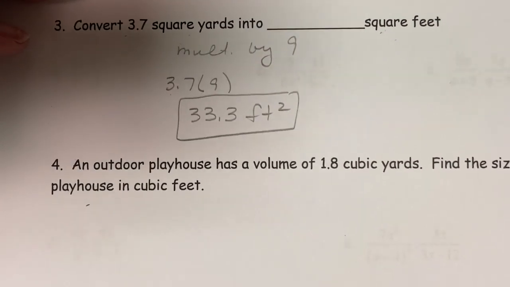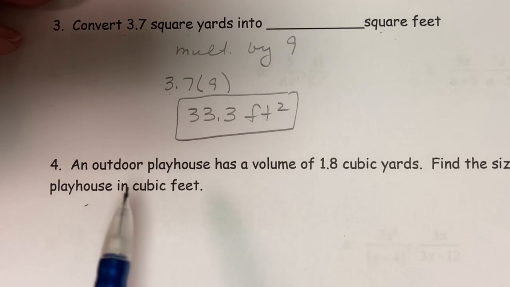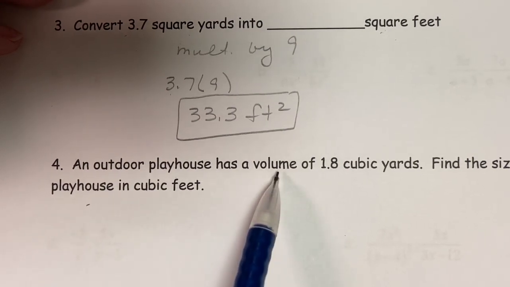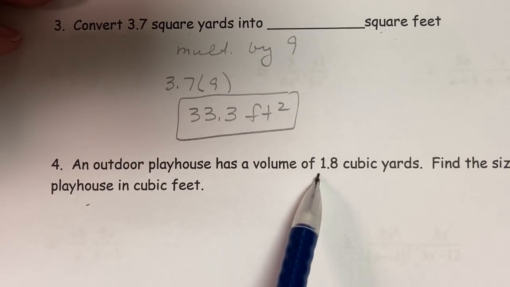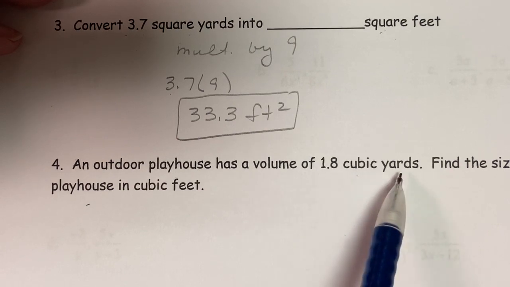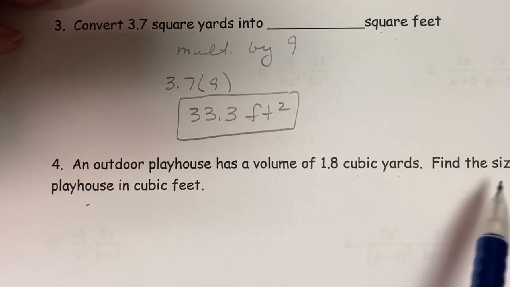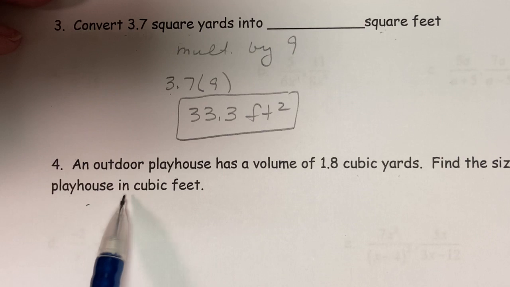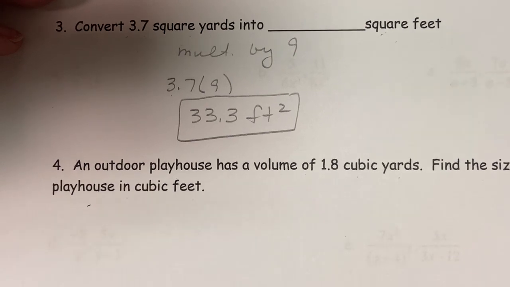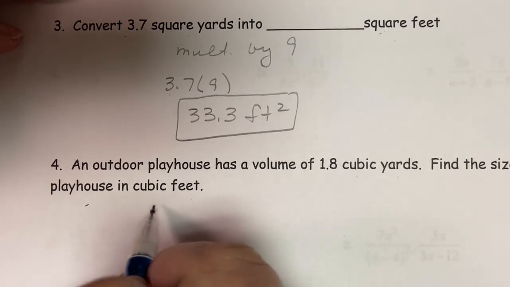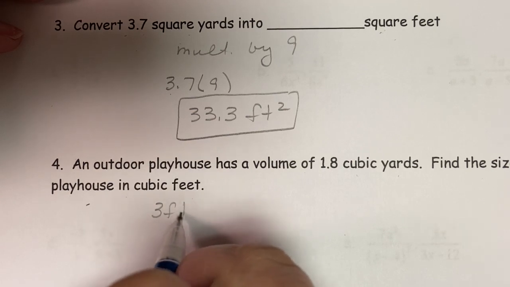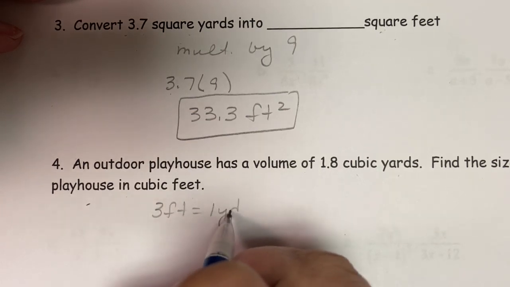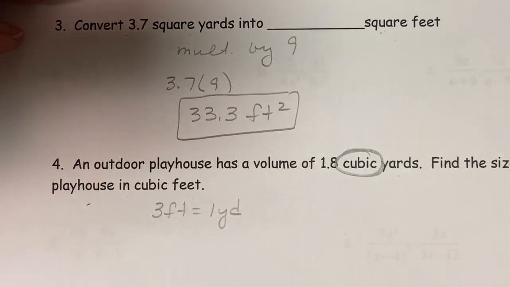All right, well, let's go one step further here. An outdoor playhouse has a volume of 1.8 cubic yards. Find the size of the playhouse in cubic feet. So the first thing we have to do is, again, we know that there are 3 feet in 1 yard, but now we're talking about cubic yards and cubic feet.